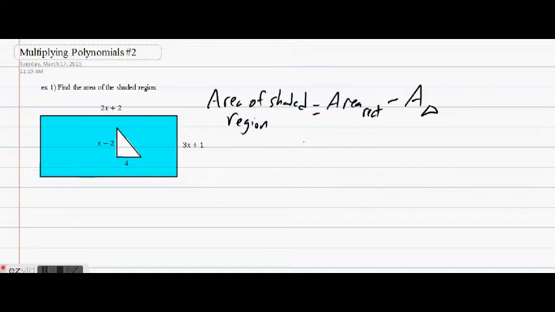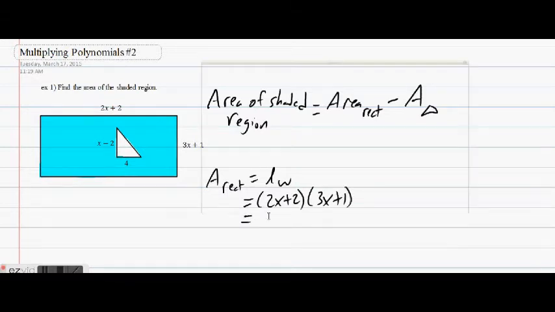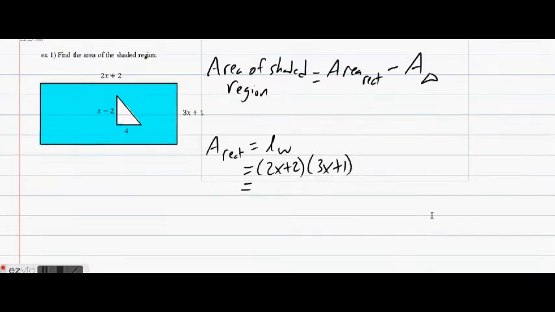Alright, so how do we find the area of a rectangle? The area of a rectangle is equal to length times width, and the area of this rectangle then is 2x plus 2 times 3x plus 1. Right? So using any of those three methods that we talked about in the previous video, you're going to multiply.